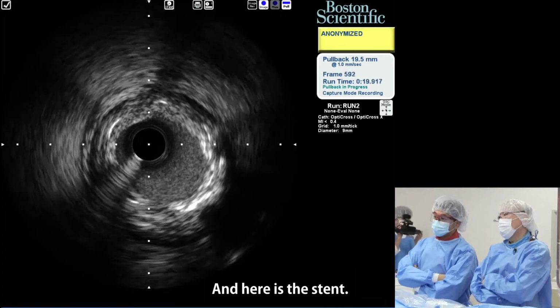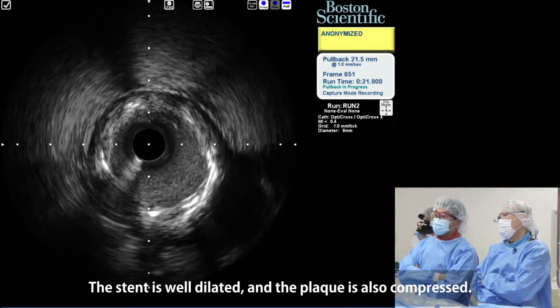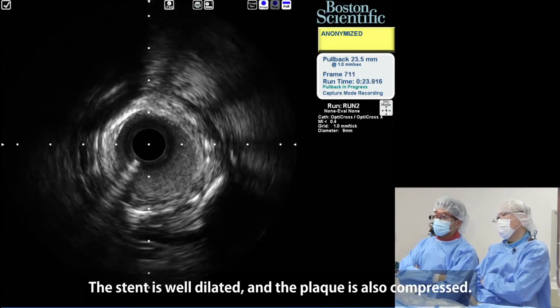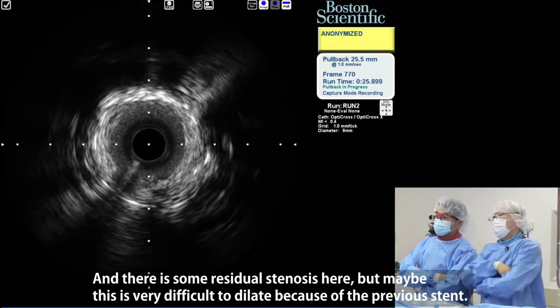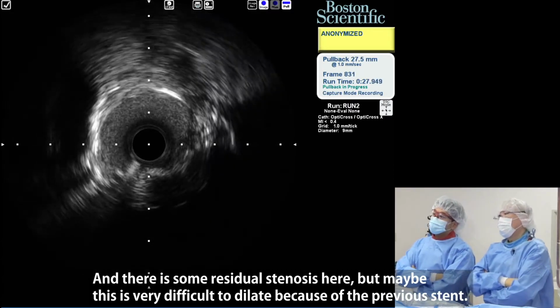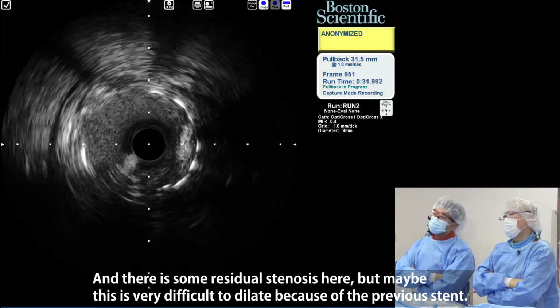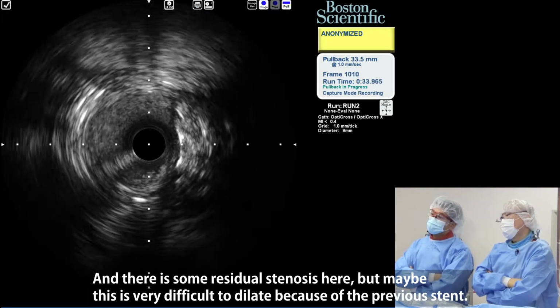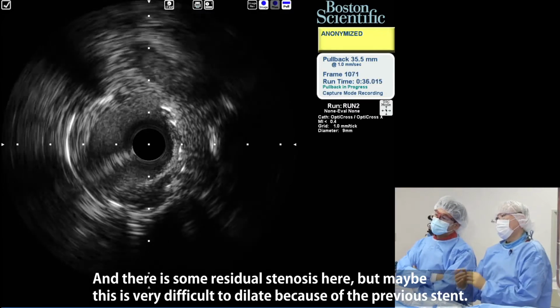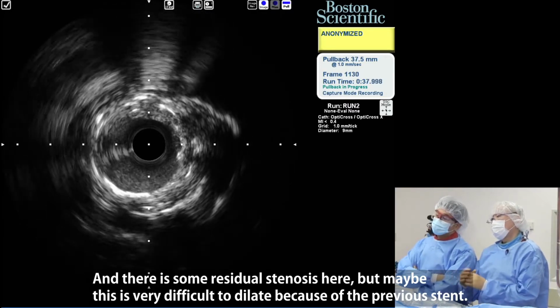Here is the stent, and the stent is well dilated, and the plaque is also compressed. And there is some residual stenosis here, but maybe this is very difficult to dilate because of the previous stent.